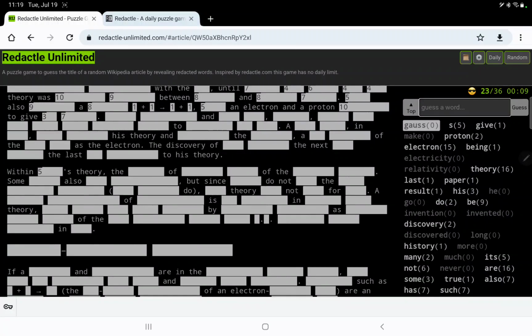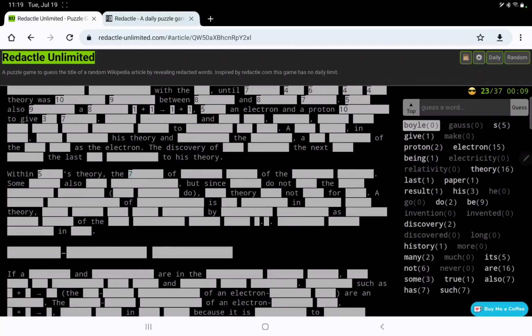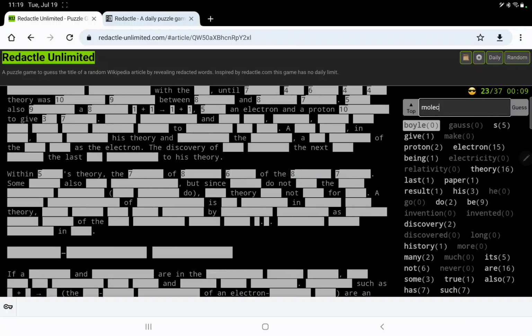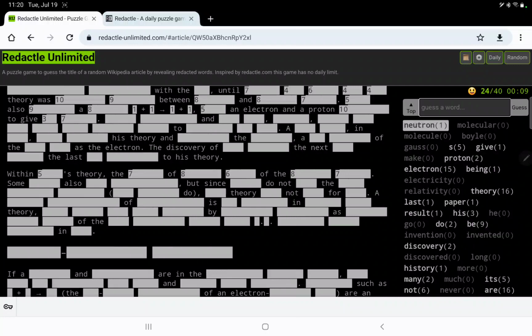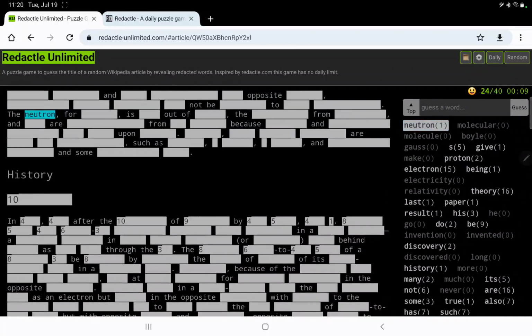Within someone's theory, Gauss, no. Boyle, no. Let's do molecule, no. Molecular, no. We've done proton, electron. How about neutron? 1 neutron.